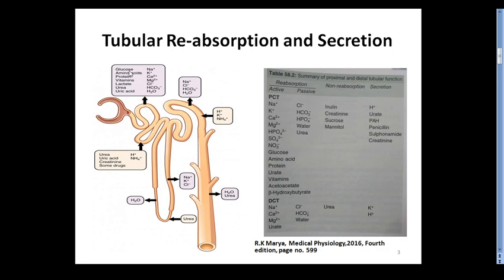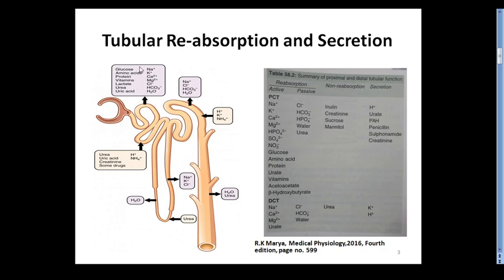Here you can see glucose, amino acids, protein, vitamins, lactate, urea, uric acid, ions like sodium, potassium, calcium, magnesium, chloride, bicarbonate and water. All these get absorbed into the blood again.